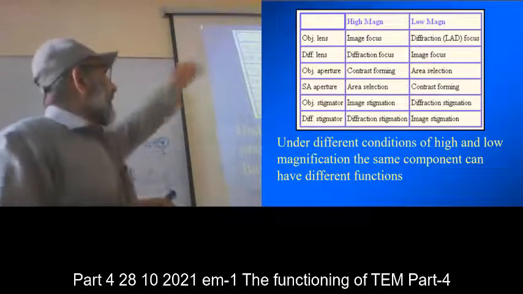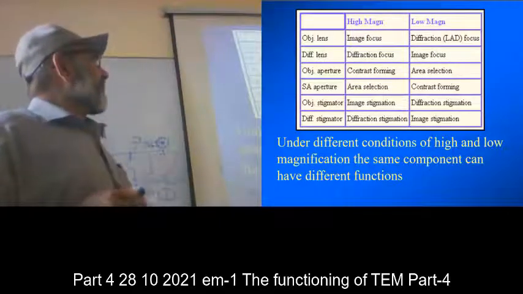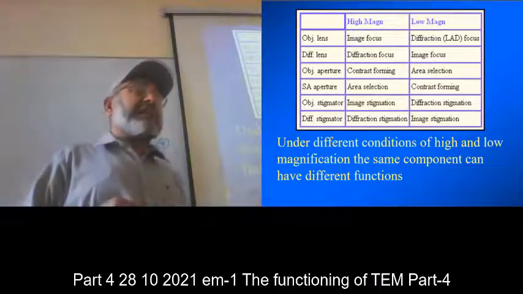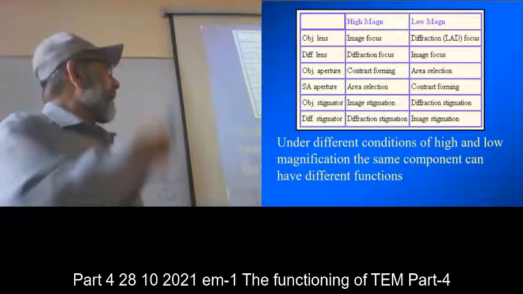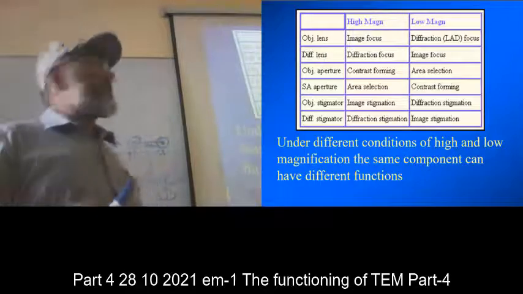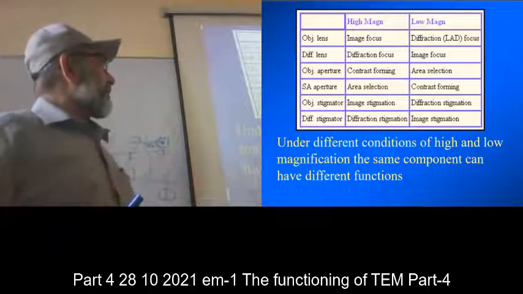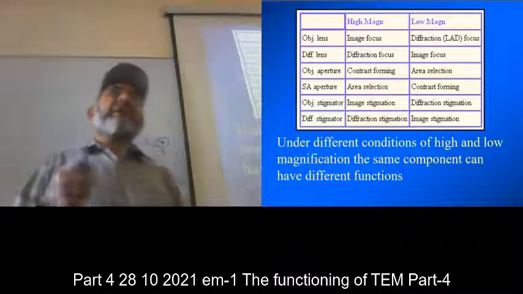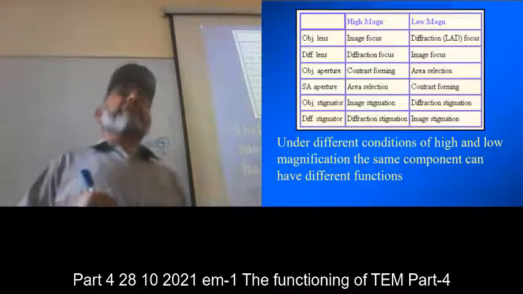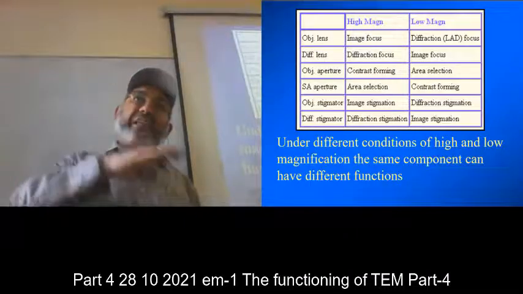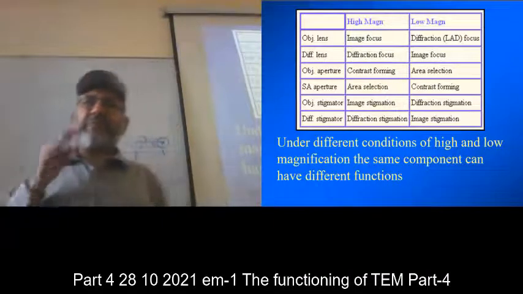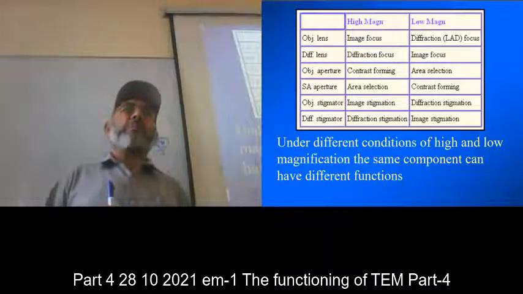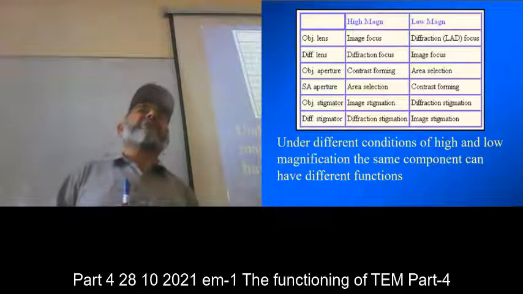So the diffraction lens at high magnification focuses the diffraction pattern, and at low magnification it focuses the image. Objective aperture: contrast forming. Contrast means the variation in the brightness or darkness. Please remember that when you are talking of electron microscopy, never talk of colors.